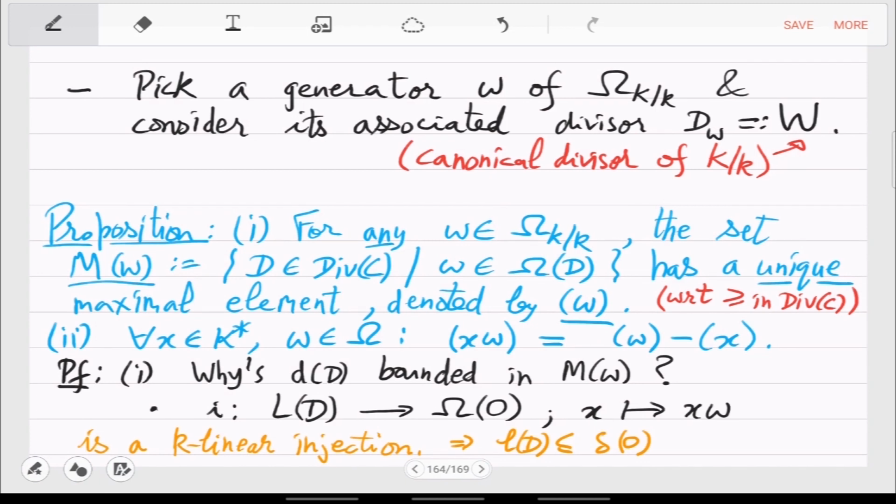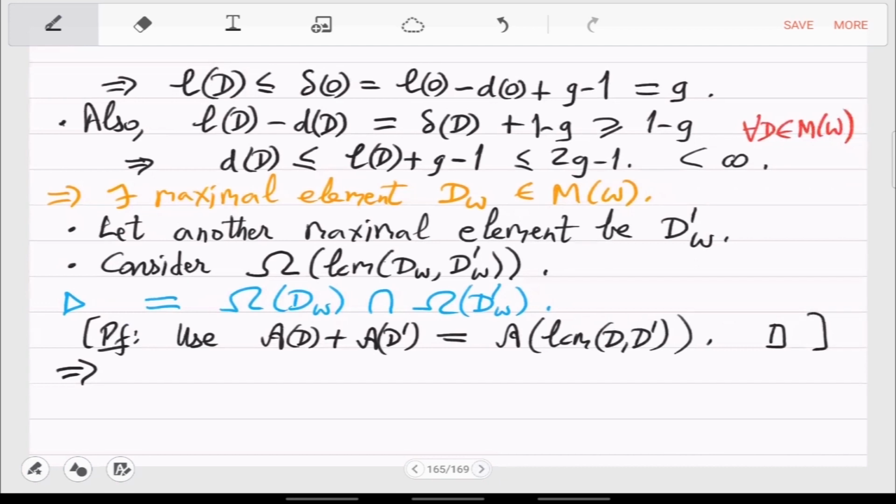Oh, you are saying that there is some problem in the proof, that this will show that every point will have a bounded degree, 2g minus 1. You are saying that this means that every element in the class group, or in fact even in the divisor group, has bounded degree.